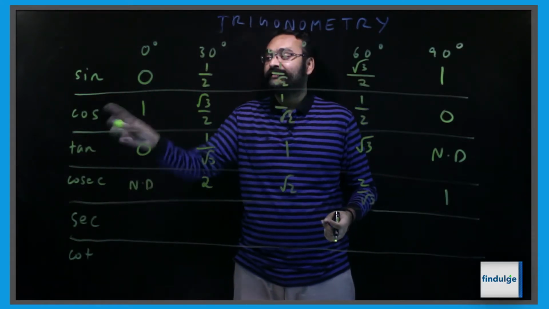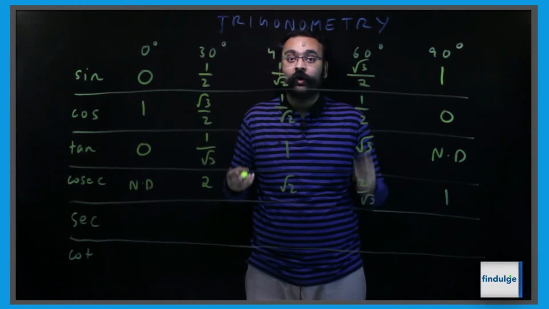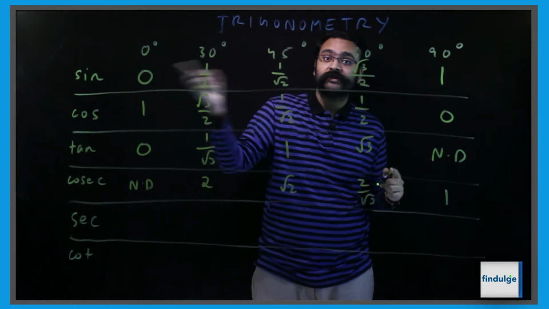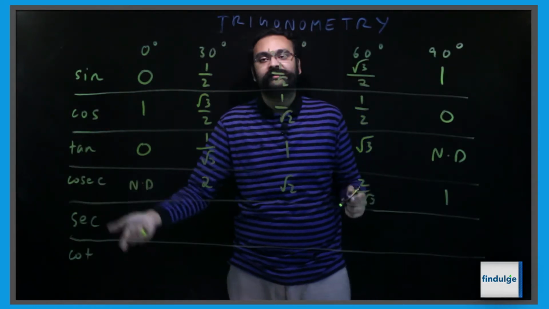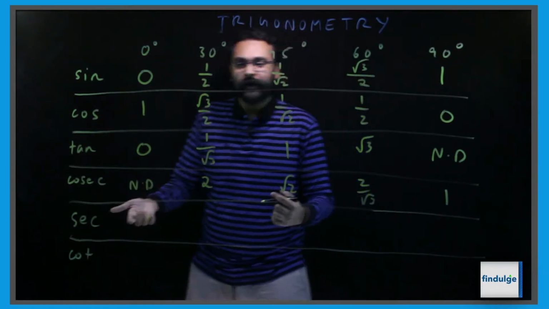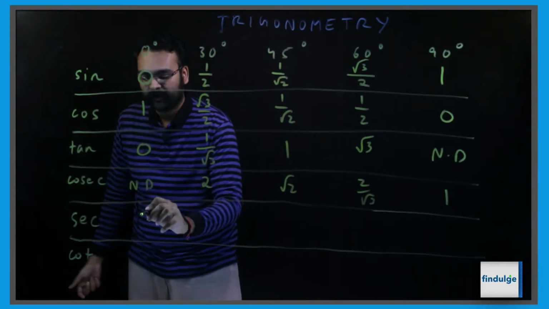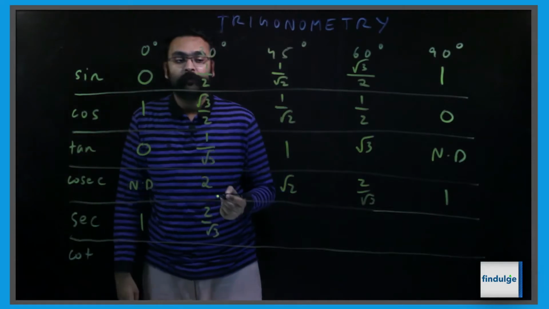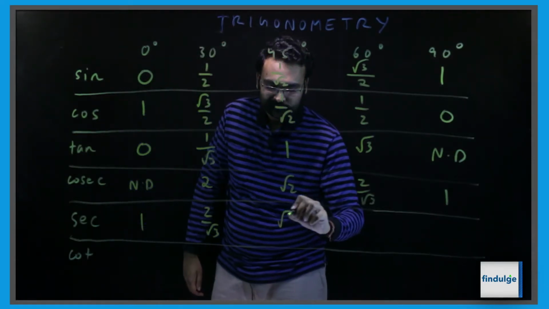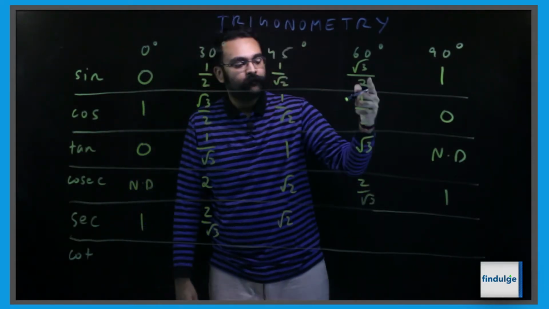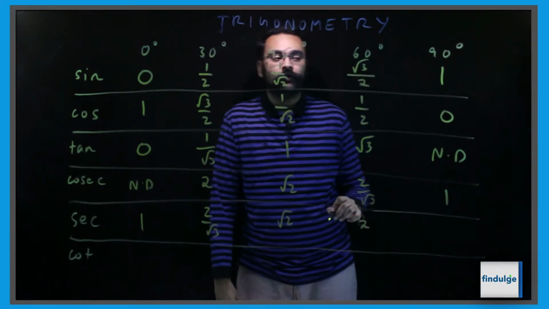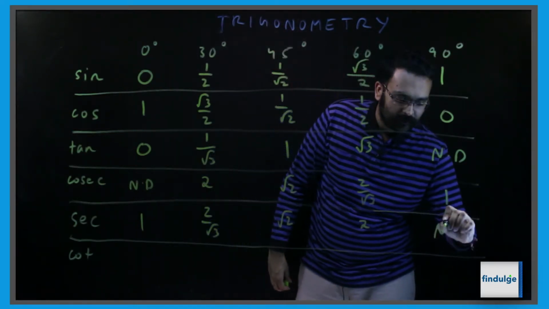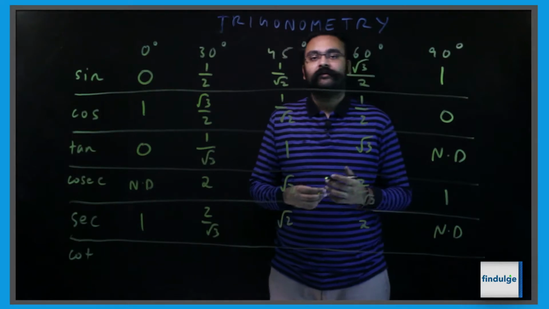Sec is direct reciprocal of cos, or like cos was the reverse of sine, sec is the reverse of cosec, whichever way you want to do it. Let's do it with cos. Reciprocal, reciprocal, reciprocal, reciprocal, and 1 by 0 or not defined.